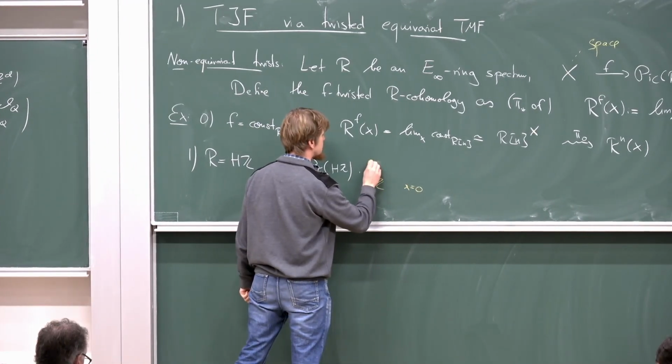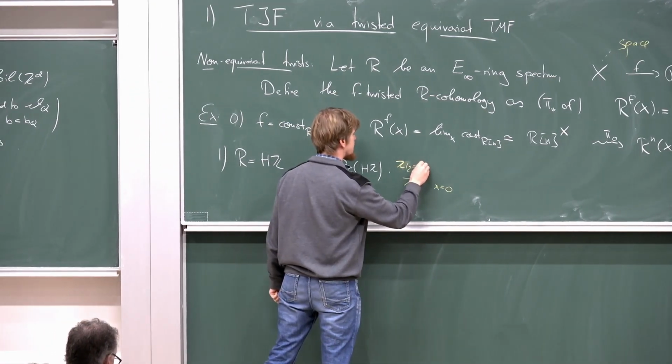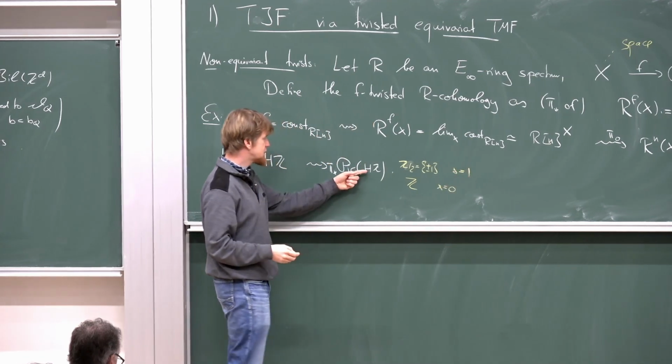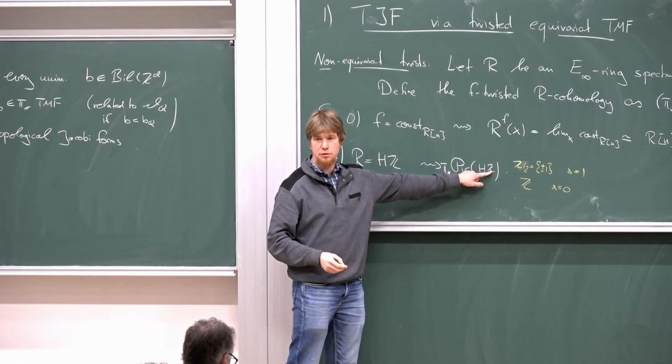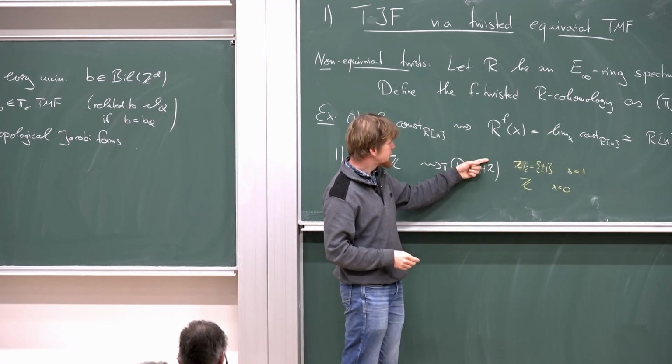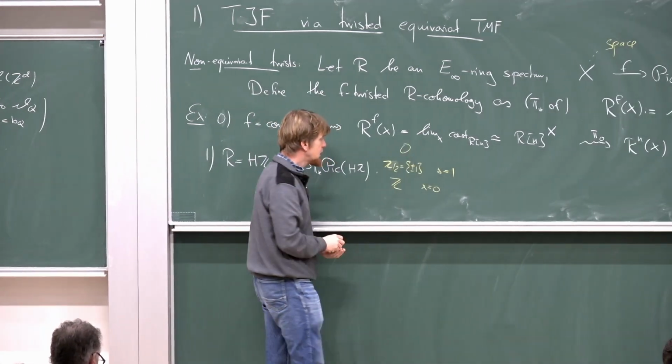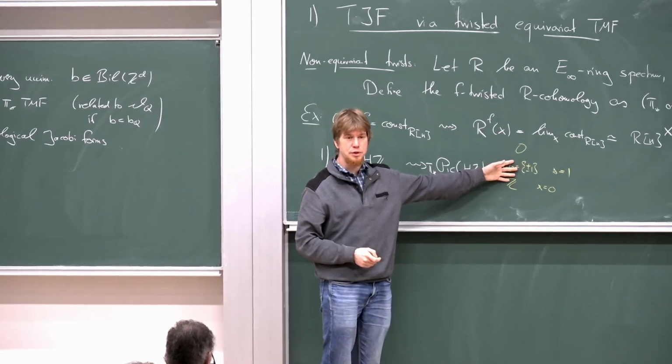And then I have a Z mod 2, or rather I should say plus minus 1, which are the units of pi 0 of this. And then I have a shift of all the other homotopy groups of HZ, which happen to be 0. So this infinity groupoid is just a usual groupoid.